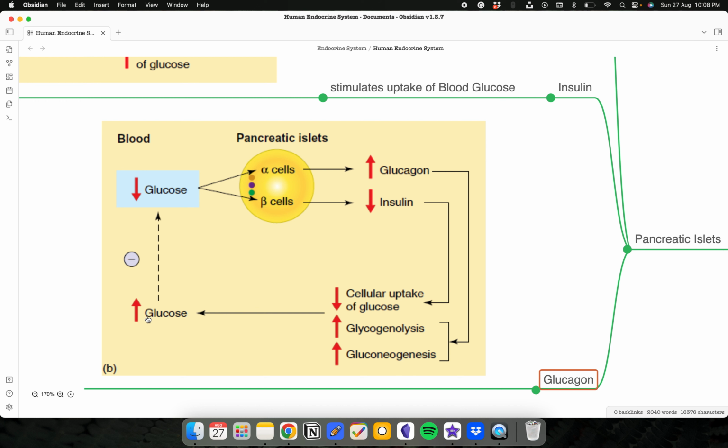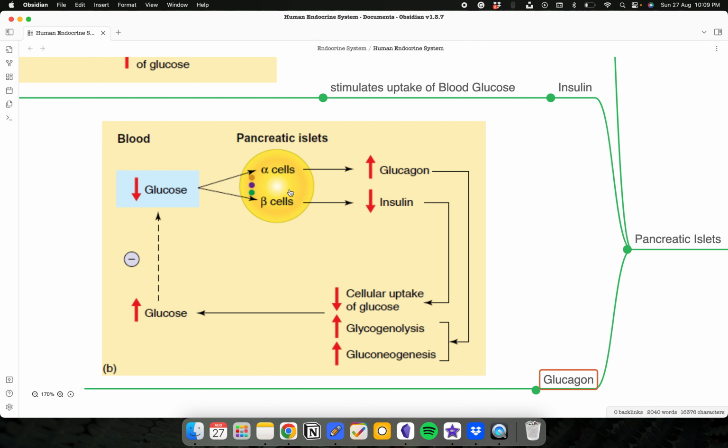As a result the blood glucose level will be increased, and so it will have a negative effect on the increased production of glucagon and decreased production of insulin. Overall, it will increase the blood glucose level, and it will maintain the homeostasis. So that's the simple antagonistic effect of insulin and glucagon.